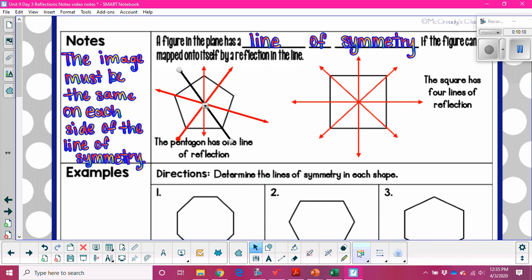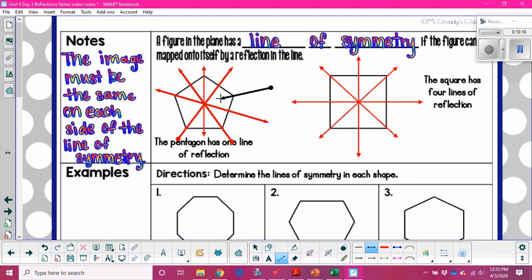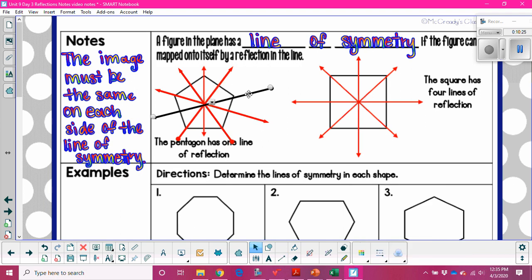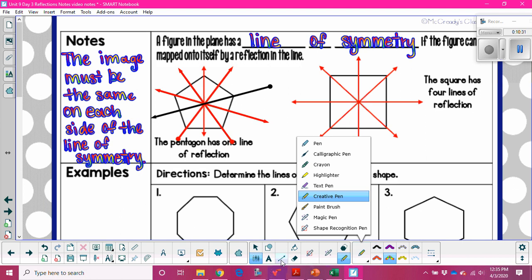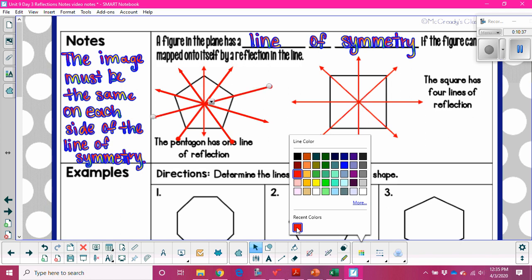And it helps if those are red, so you can see them. And then the last one is here. So each one of those is a line of reflection, meaning it divides the polygon exactly the same on each side of that line of symmetry. If you were to fold it on that line of symmetry, then both sides should fold on top of each other. So this pentagon actually had, let's see, 1, 2, 3, 4, 5 lines of reflection.